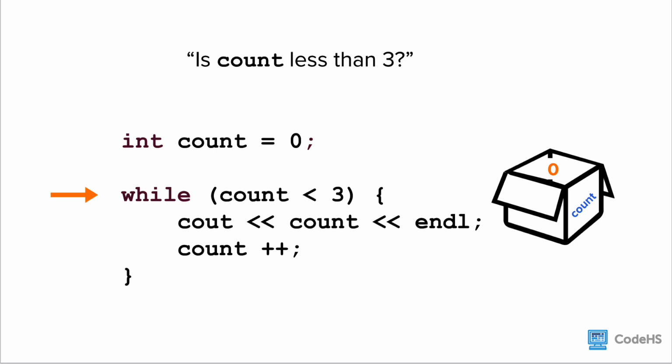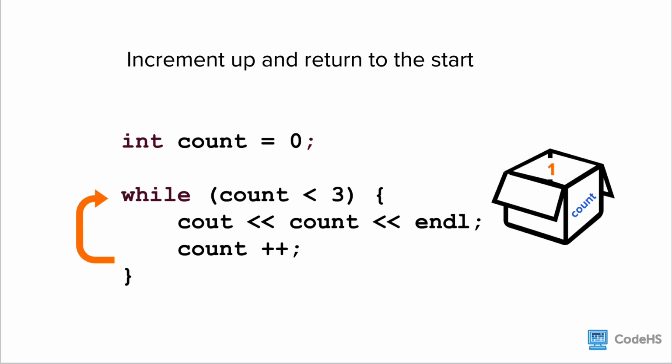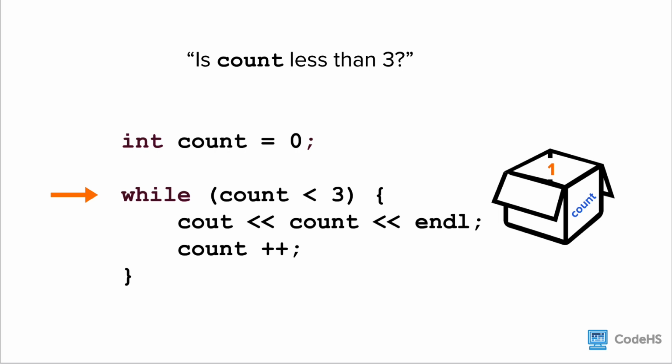The condition is first evaluated when count is equal to 0, so it's less than 3. The program enters the loop and prints out the value of count. It then increments up and returns to the conditional statement. Count is now equal to 1, which is still less than 3, so the process continues.